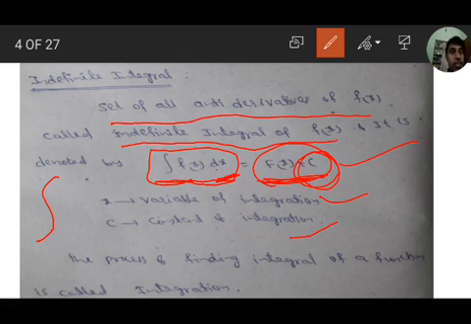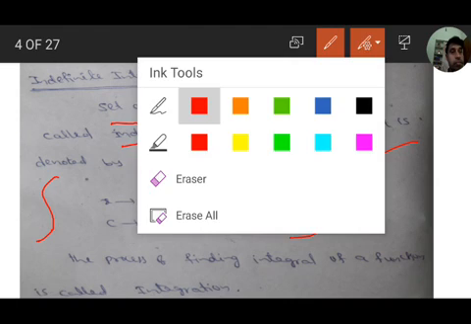The process of finding the integral of a function f of x, that is capital F of x plus c, is called integration.